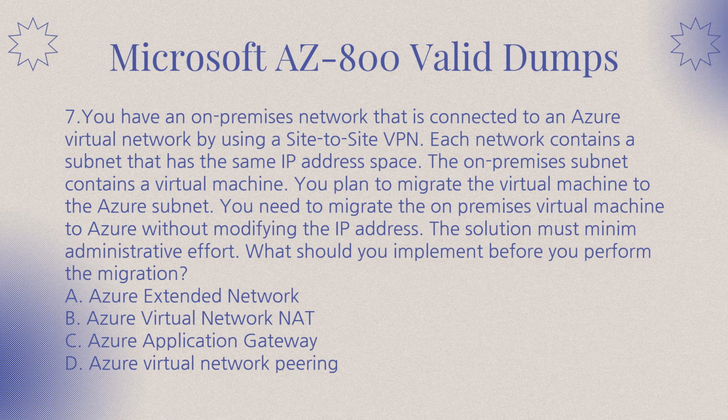You need to migrate the on-premises virtual machine to Azure without modifying the IP address. The solution must minimize administrative effort. What should you implement before you perform the migration? A. Azure Extended Network. B. Azure Virtual Network NAT. C. Azure Application Gateway. D. Azure Virtual Network peering.